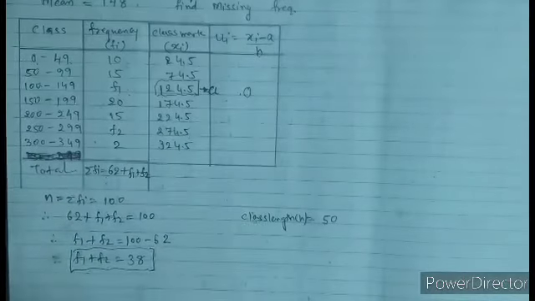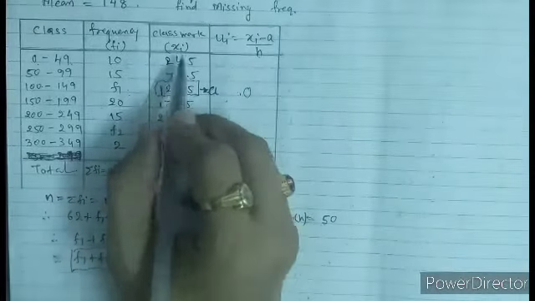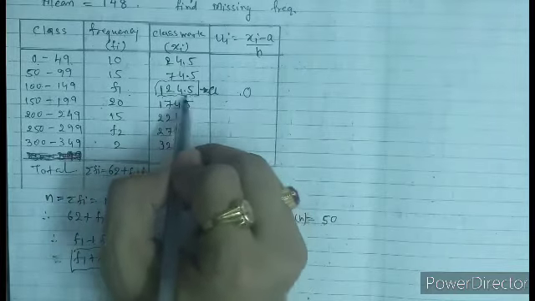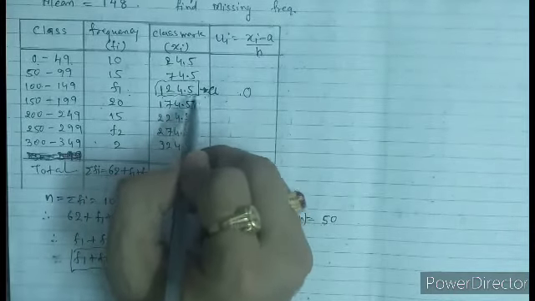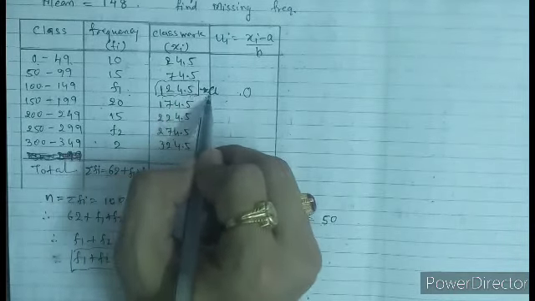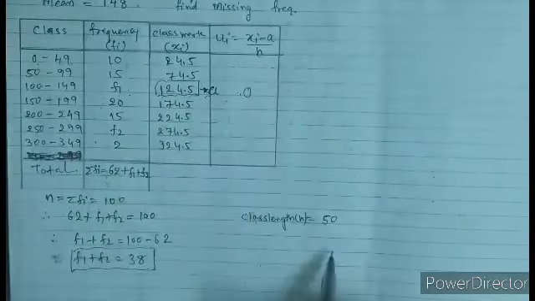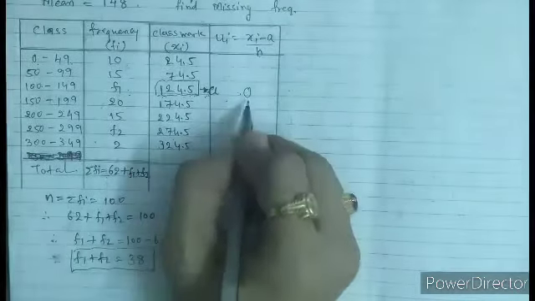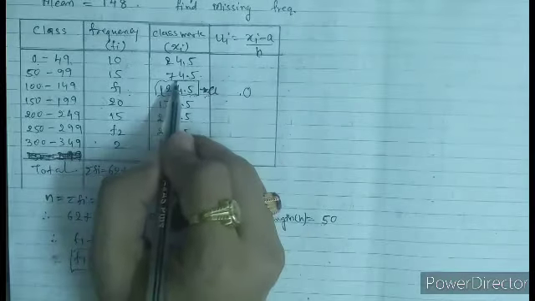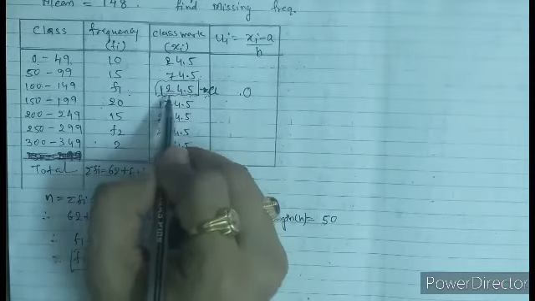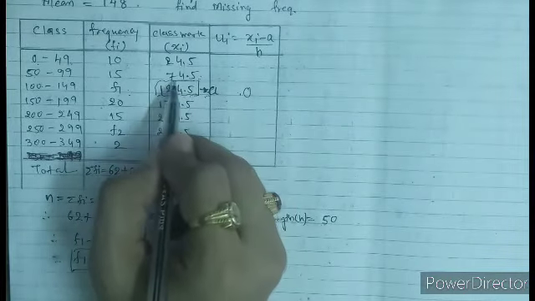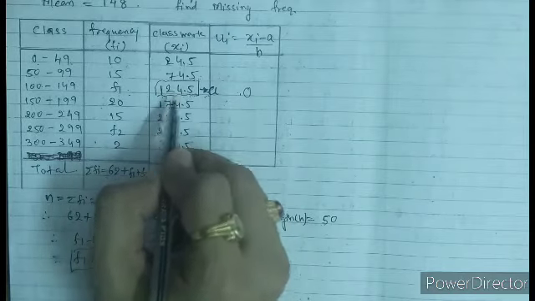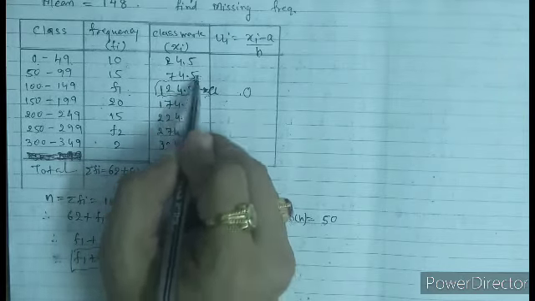Now for Ui, in front of A it will be 0. How do we know? Because here Xi is 124.5 and A is also 124.5. 124.5 minus 124.5 is 0, divided by H 50. 0 upon 50 is 0. Then above 0, 74.5 is Xi and 124.5 is A. 74.5 minus 124.5 is minus 50.